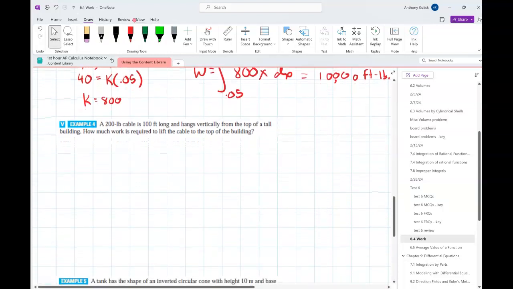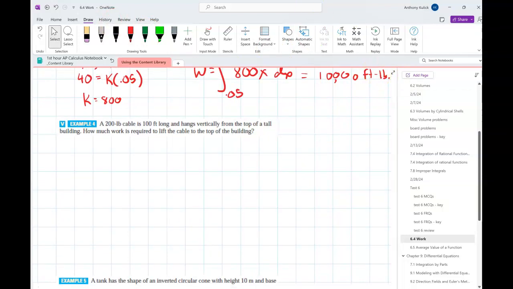Okay. Let's go with something that's a bit more challenging here. A 200-pound cable is 100 feet long. It hangs vertically from the top of a tall building. How much work is required to lift the cable to the top of the building?